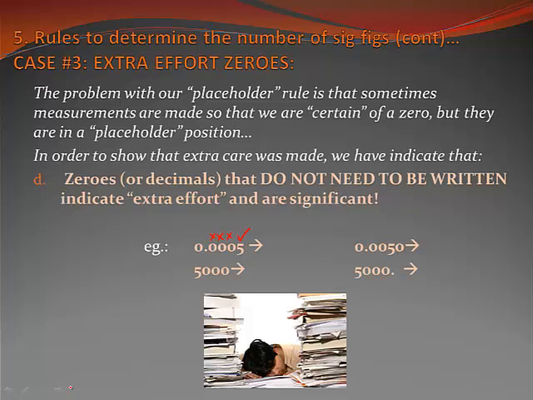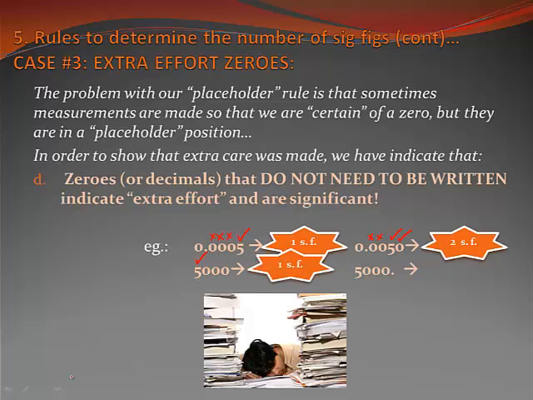But 0.0050, I look at this 5 and it is significant, and I look at the 0 after that 5 and I didn't have to write it, but I did, so there must be an important reason why. The 2 zeros before the 5, not significant still. Why? Placeholders. So 5,000, the 5 is significant, but we already know the other zeros are not, placeholders.